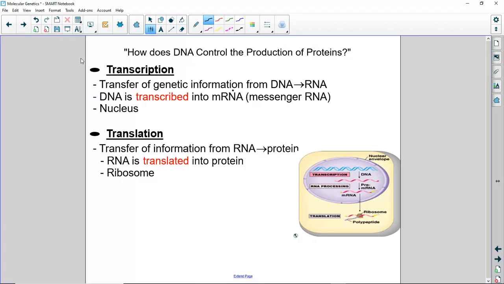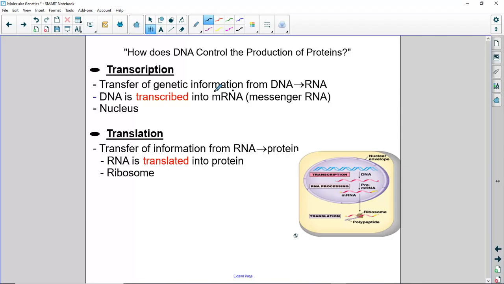Transcription is a process that takes place entirely within the nucleus of a eukaryotic cell. What it does is transfer the genetic information, or the code, from the DNA to the RNA, specifically to messenger RNA.